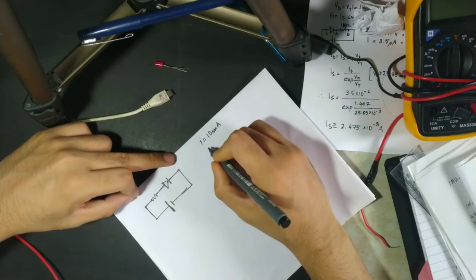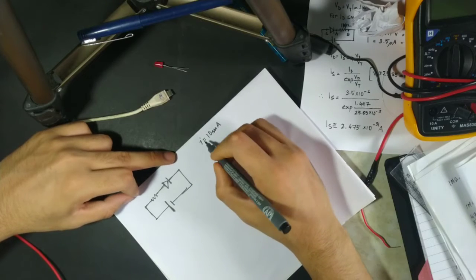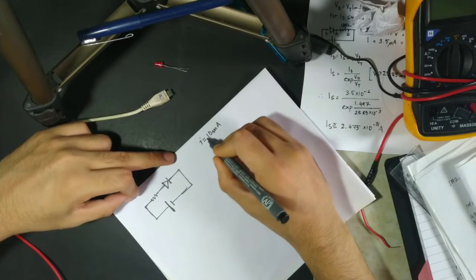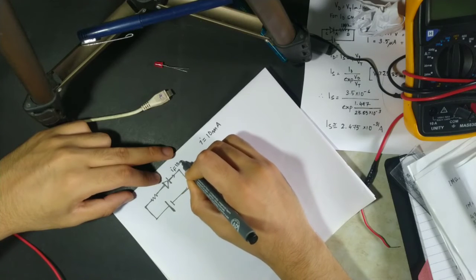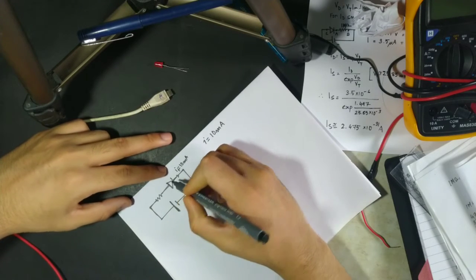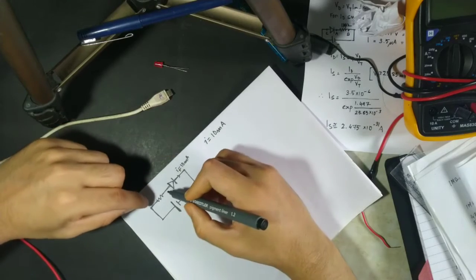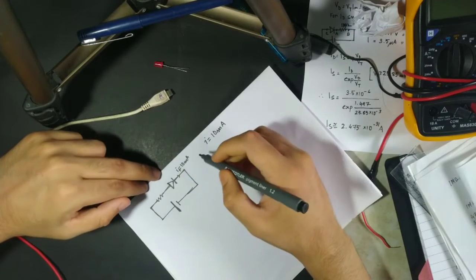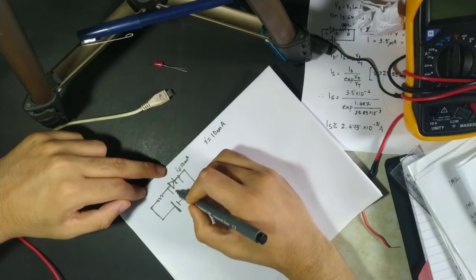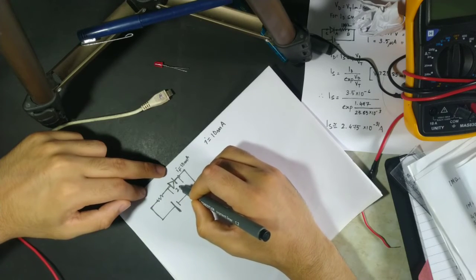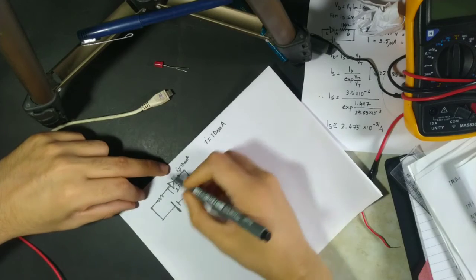So suppose we are keeping the highest point of current as 10 milliampere. We have to find the resistance which we should use for our first reading. So this is how we can find out. Keep the voltage drop across the diode to be around 2.0 volts.